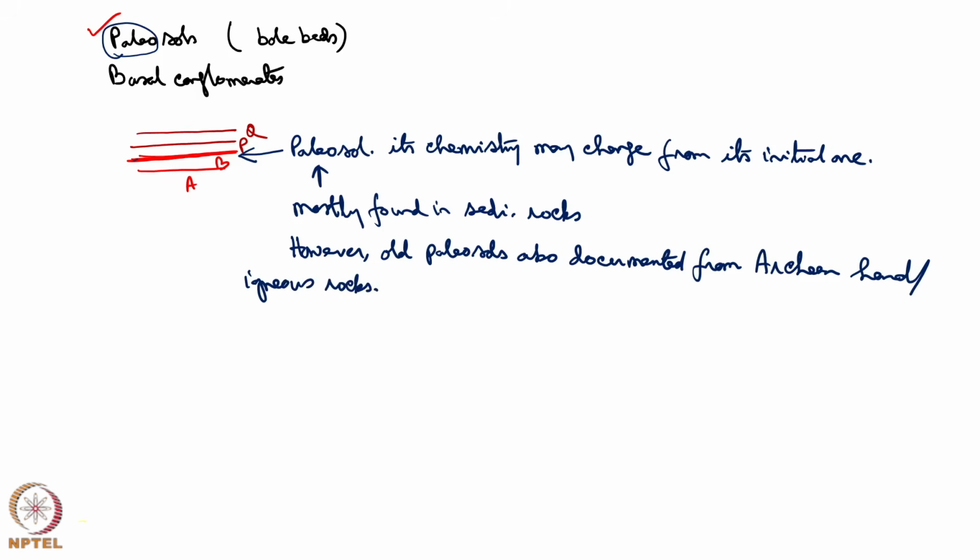Now, the paleosols formed indicate a long time range of stability of landscape. Let me write down. Paleosols indicate or imply in the past stability, tectonic stability happened.